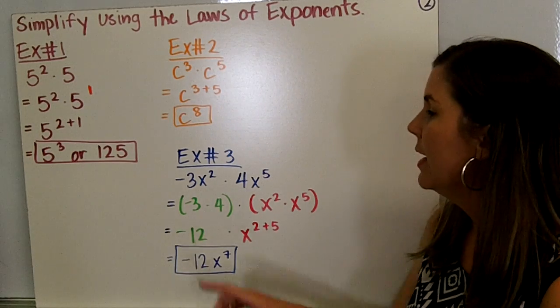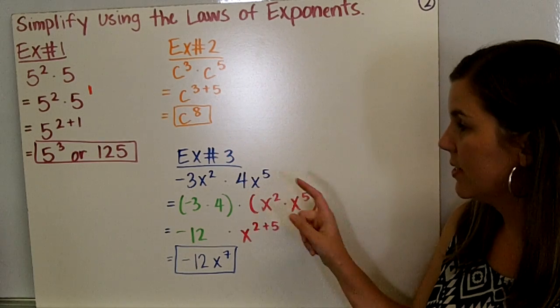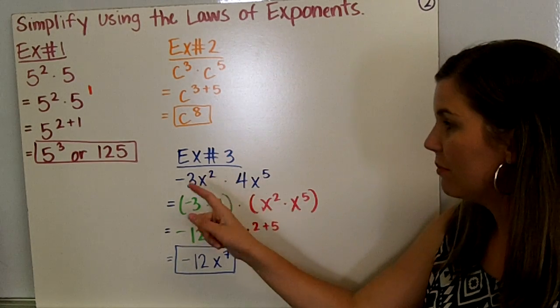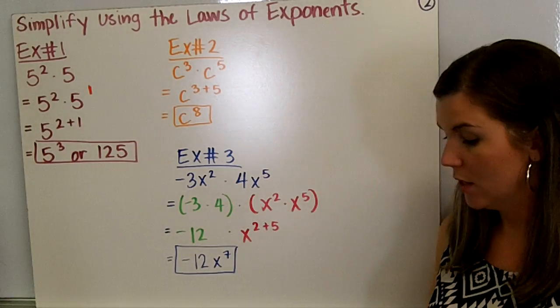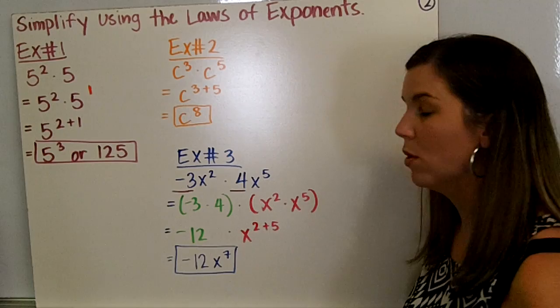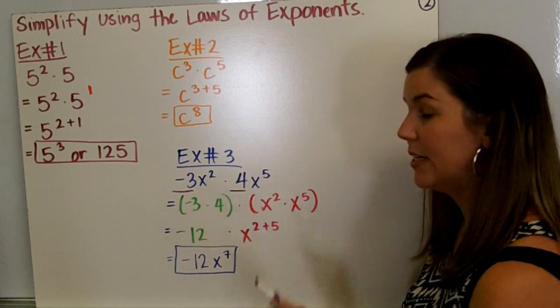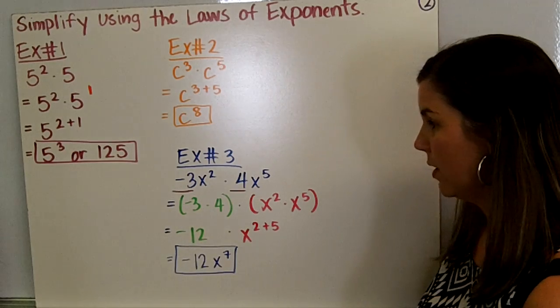Example number 3. I have negative 3x squared times 4x to the 5th power. You can group the coefficients. Coefficients are the numbers in front of the variables, negative 3 and 4. Group those together. This is multiplied, so negative 3 times 4 gives you negative 12.